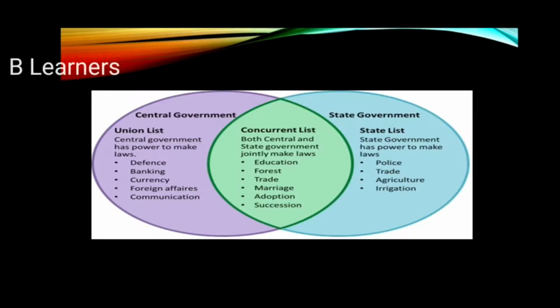Now the question arises: how is the power to be shared between the central and state government? As I told you, the constitution has clearly demarcated the lists: the list in which the union government makes the laws, the list of various topics in which the state government makes the laws, and some common areas where both state and central government together make the law.